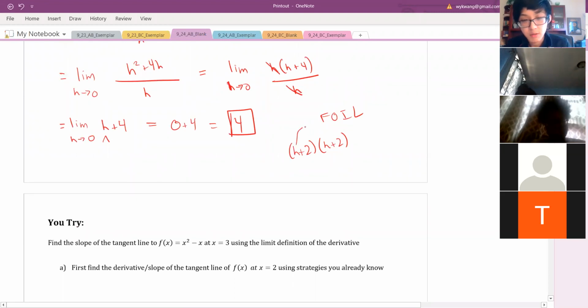The h has to be multiplied with this h, and also with the 2. Multiplying with that h, I get h squared. Multiplying with the 2, I get plus 2h.